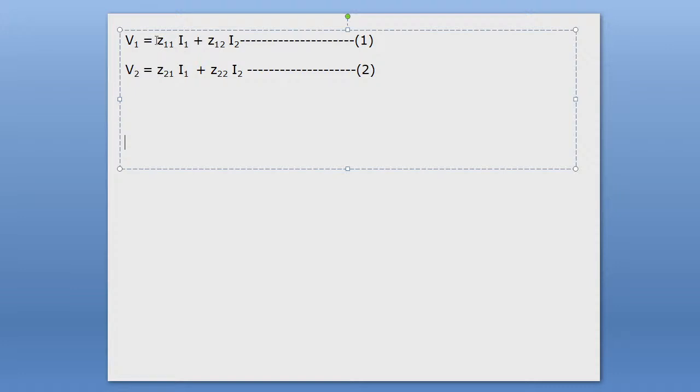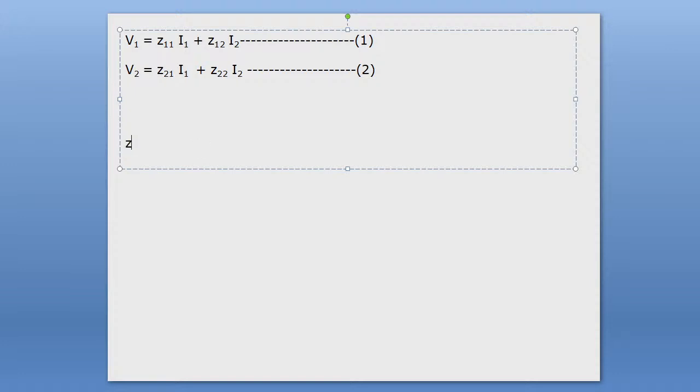If we want to write the expression of Z11 in terms of current and voltage, then what we will do? We will consider the output port is open circuit. That means I2 is 0.